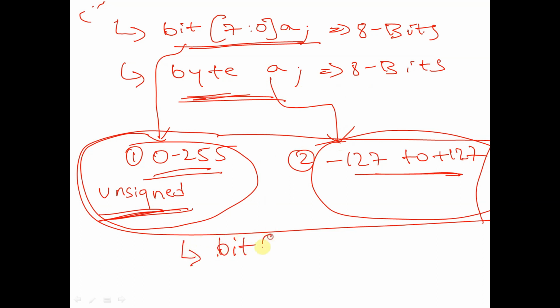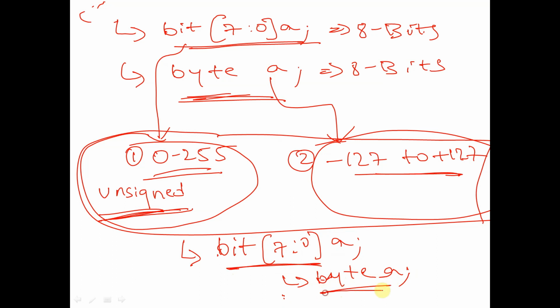If we want to represent bit [7:0] A, instead of writing that, I will write simply byte A. Then we will think that there is no difference between these two, but there is a lot of difference because bit is unsigned and byte is signed, so the results may be different in both the cases. This is the point we should be careful about.